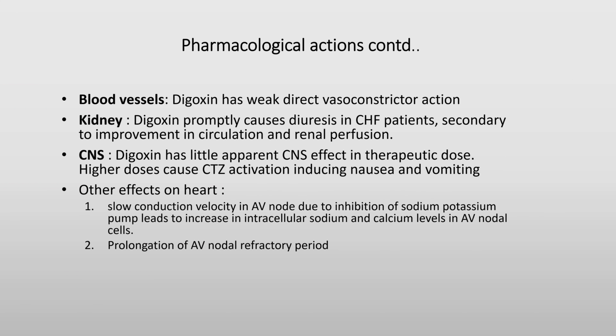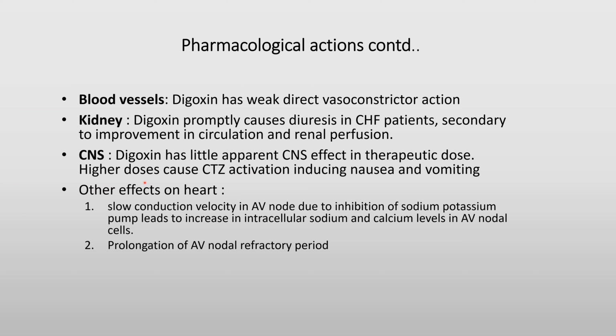Actions of digoxin on blood vessels. Digoxin has weak direct vasoconstrictor action. On the kidney, digoxin causes diuresis in congestive heart failure patients, secondary to improvement in circulation and renal perfusion. On the CNS, digoxin has little apparent effect in therapeutic dose.